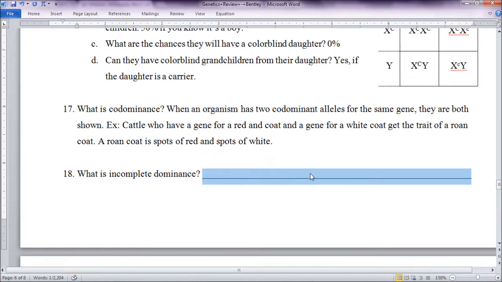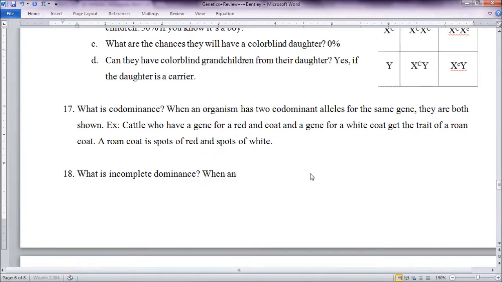Incomplete dominance, on the other hand, is when an organism has two incompletely dominant alleles for the same gene.